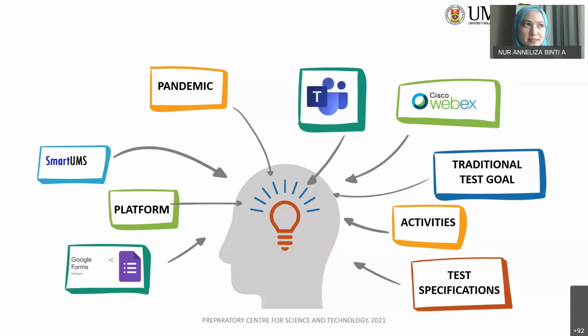We work side by side with the test specification, and at the same time, we also set goals for a certain band. I think a lot of language instructors know about this. So to break away from this, we want to give them the right knowledge and skills, and at the same time, we want them to experience the real life language experience as well.